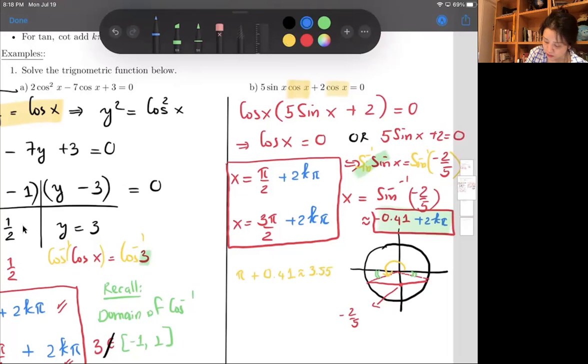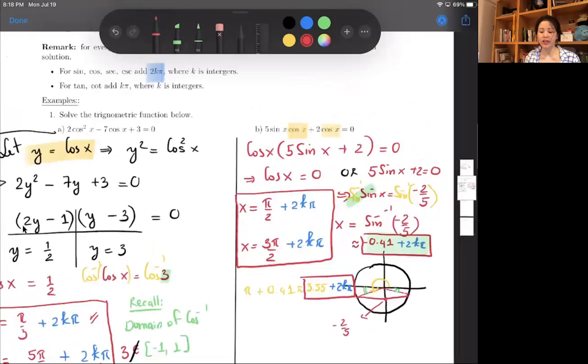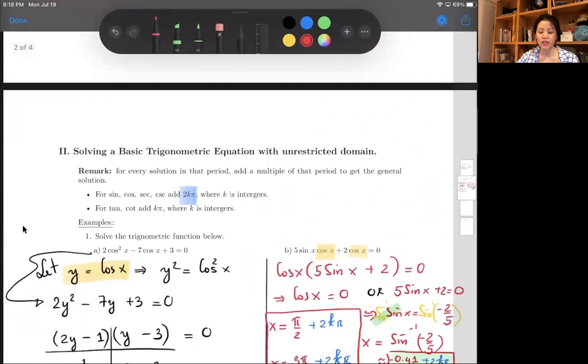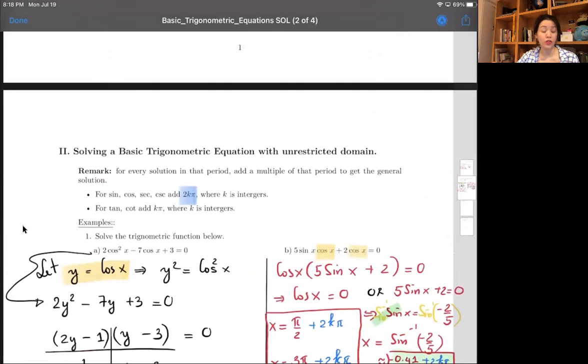And again, don't forget to add 2k pi. So that is our second angle. This one is a little tricky, so you have to be careful with this one. Okay. So that is how you solve basic trigonometric equations with unrestricted domain. Okay, thank you for watching.